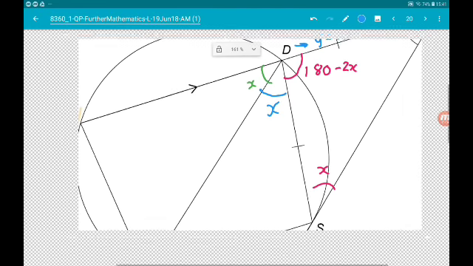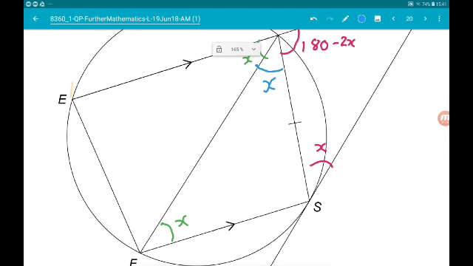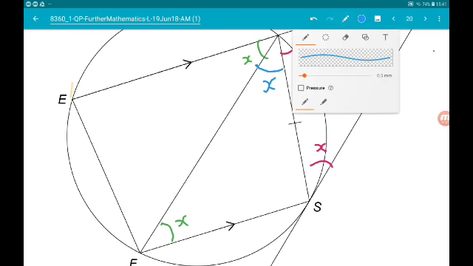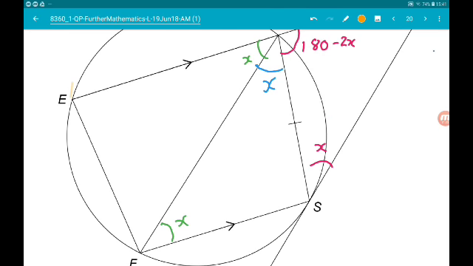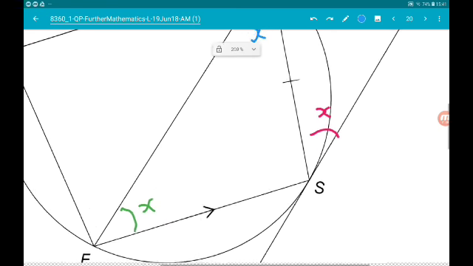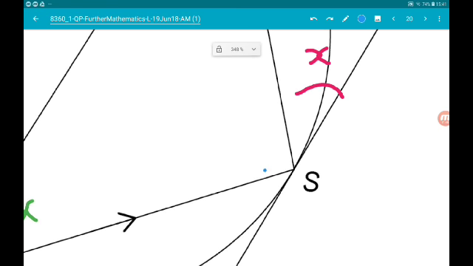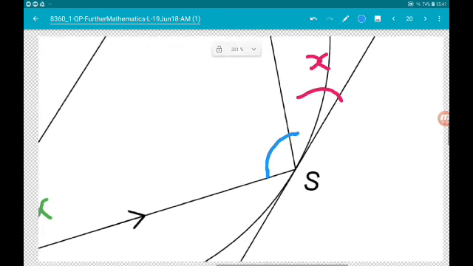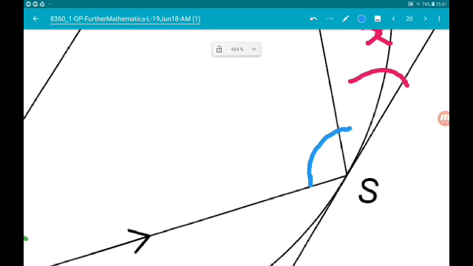Now inside of this triangle down here, we now know two of the three angles. So this triangle here. So we got two angles of x. So we can work out what this angle here is. Again, it's going to be 180 minus 2x.